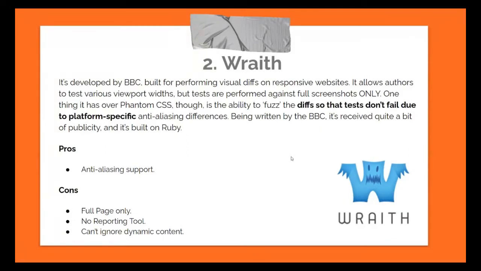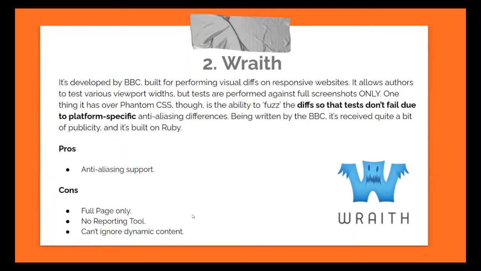It also allows authors to test various viewport widths, so it's very good with responsive. It also has a really cool feature that it will ignore platform-specific anti-aliasing differences, which account for most of the false positives. And since it was written by the BBC, it received quite a bit of publicity.